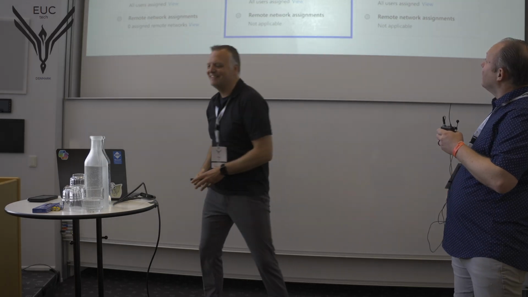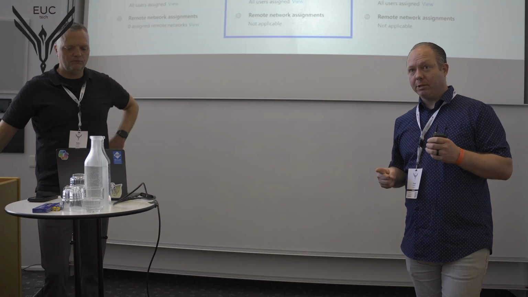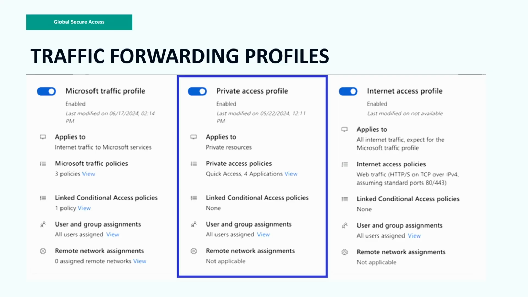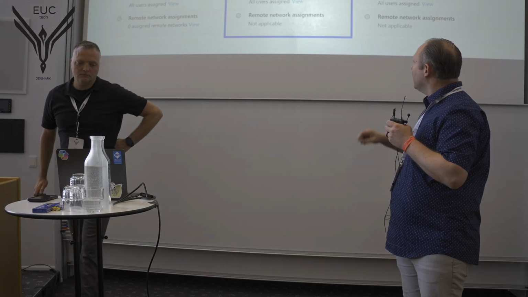Okay. When you have applied the license, you can enable your private access profile, your traffic forwarding profile. And that's exactly also what your client is going to download and put into your GSA client.